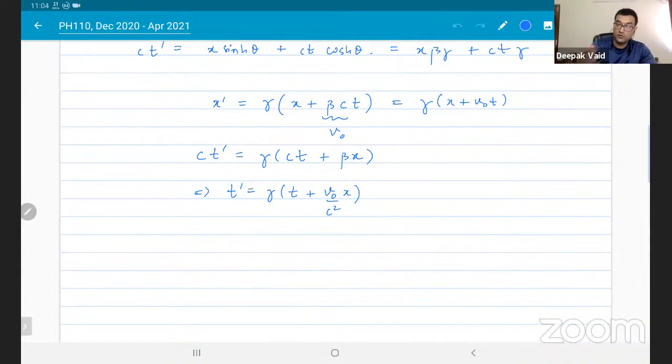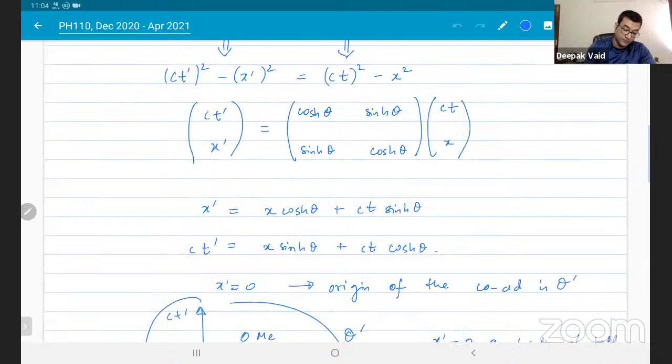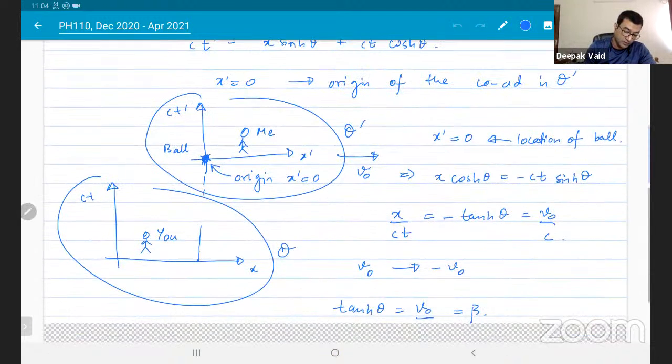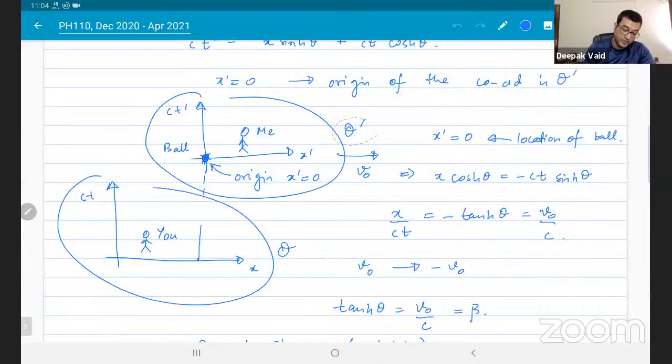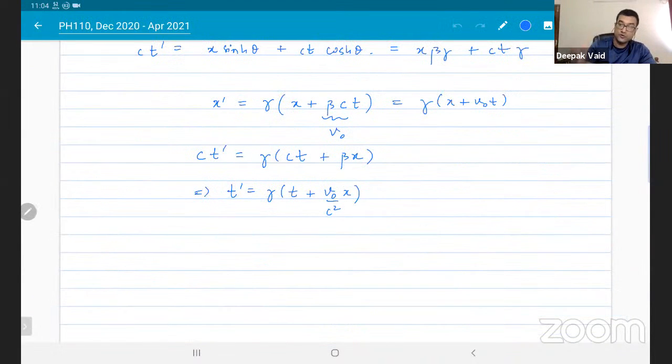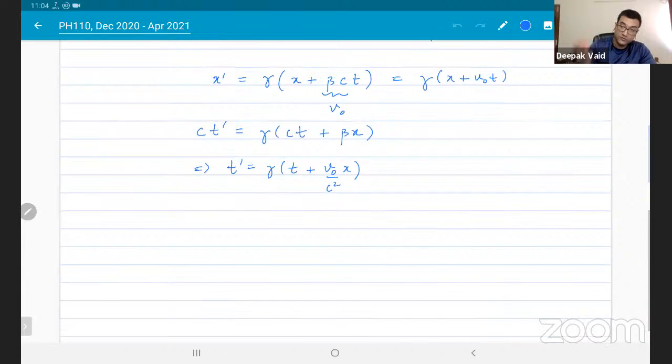If you look at this transformation, we are going from the O coordinates to the O prime coordinates. If you go from O prime to O, we will get the inverse Lorentz transformation. Here we can directly use the principle of relativity.